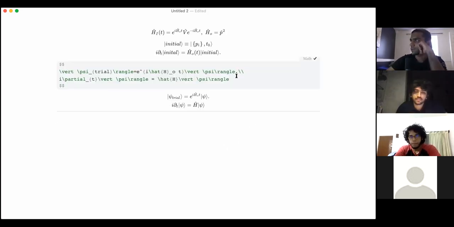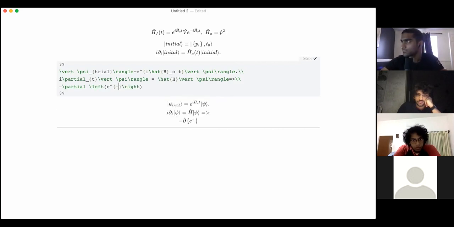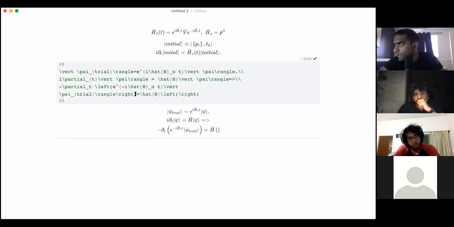So now, what does this imply? i hat H naught t equals the full Hamiltonian acting on what we got here.